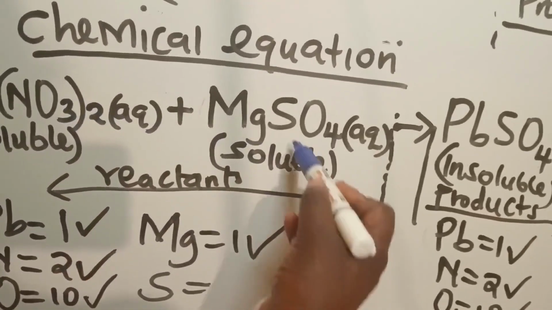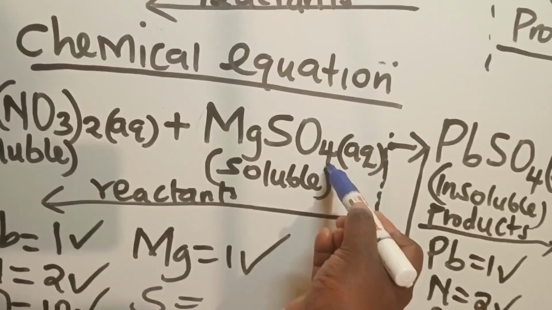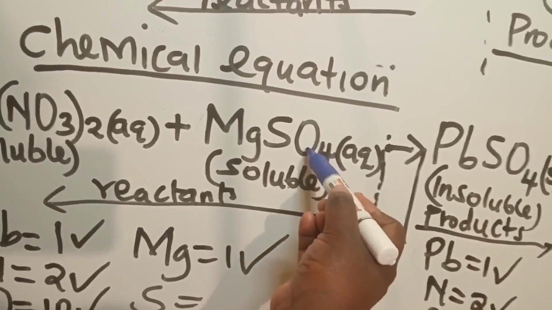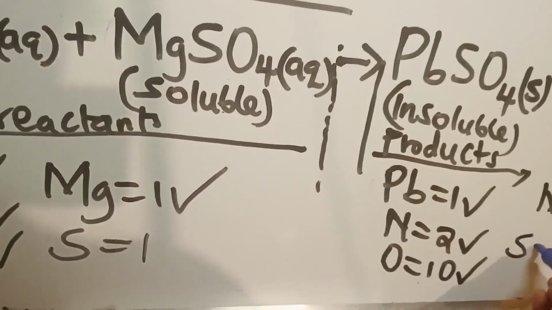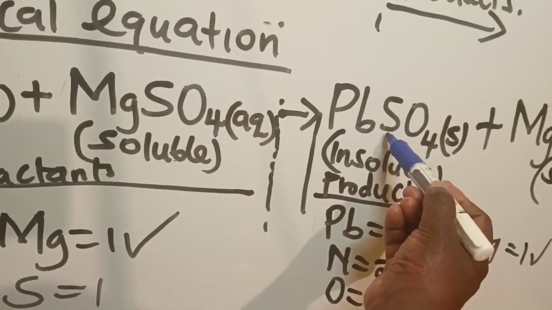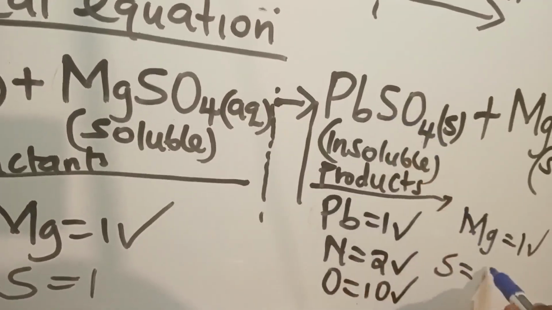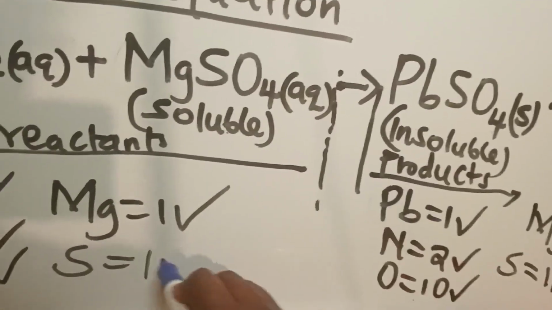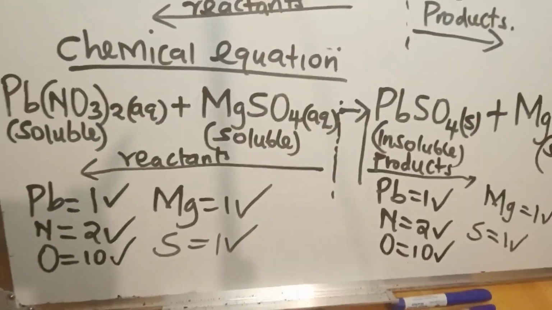So sulfur again is just 1. Why 1 and we have a 4 here? It's because this 4 belongs to oxygen. So sulfur 1. On the product side, we again have 1 sulfur, because this 4 belongs to this oxygen. So sulfur again is just 1. So meaning that our equation is self-balanced.